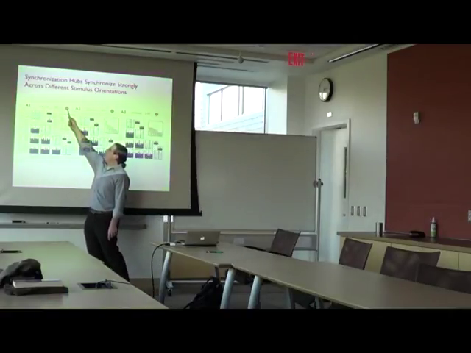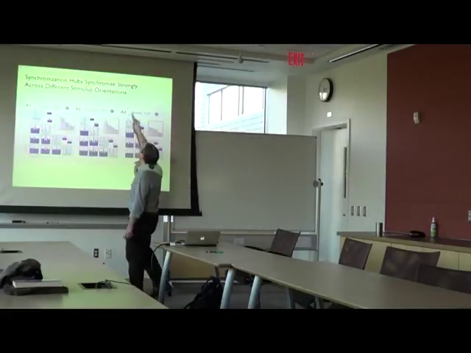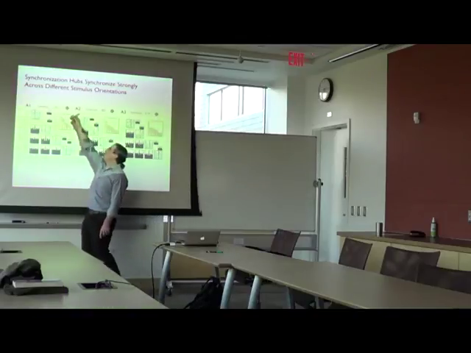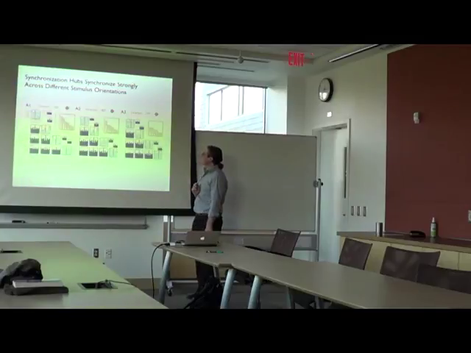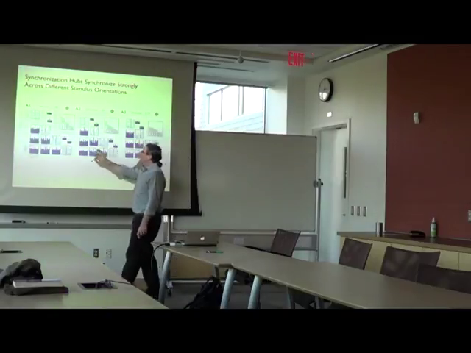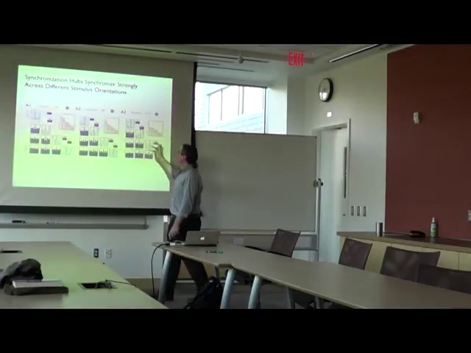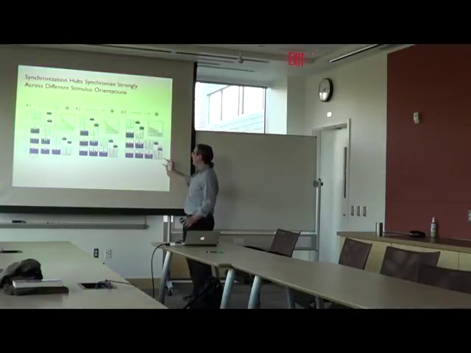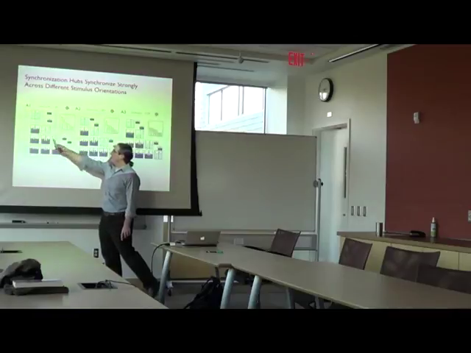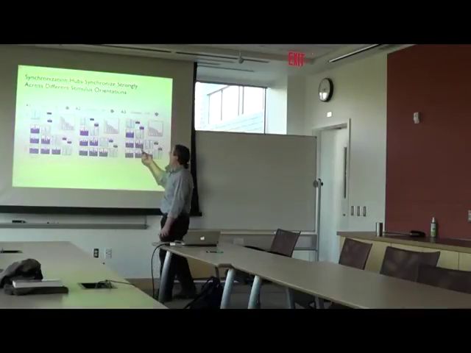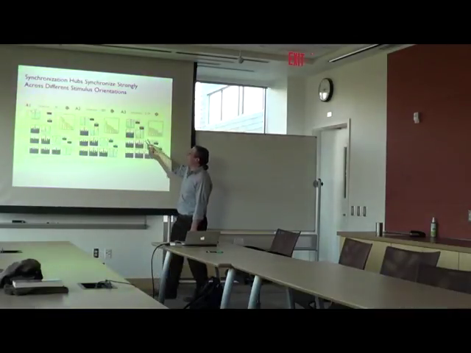So this is for one stimulus orientation. If that stimulus orientation varies from 150 degrees to 180 to 210, okay, the picture doesn't change too dramatically. It does a little bit, but what you see across this is the synchronization hubs maintain their oscillations, they maintain their synchrony.